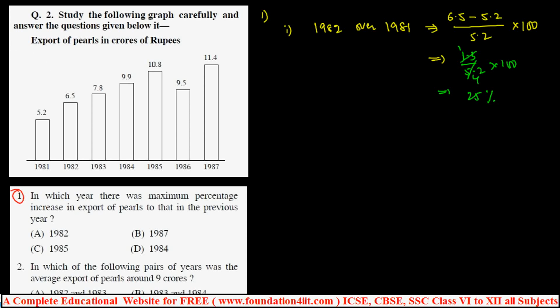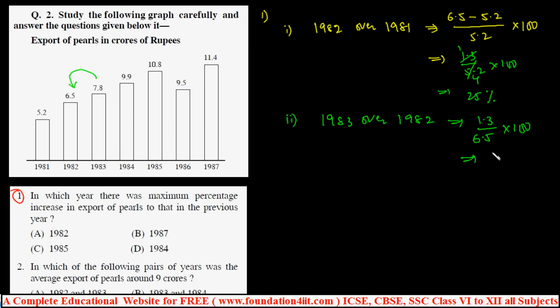Similarly, we need to calculate for the remaining also to answer this. Same, 1983 over 1982. So this minus this, 7.8 minus 6.5, same 1.3, right, by 6.5 into 100.